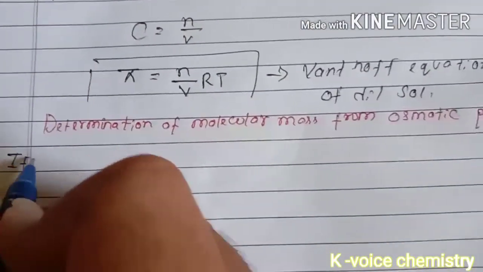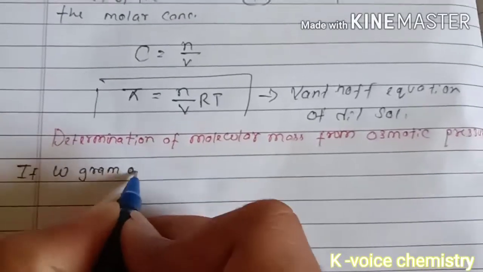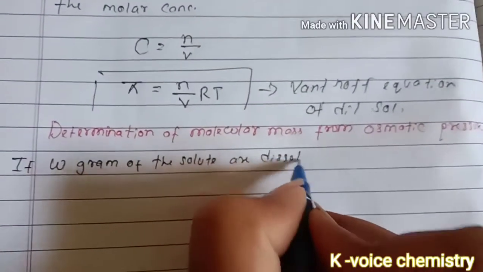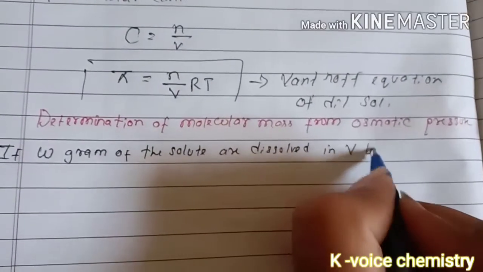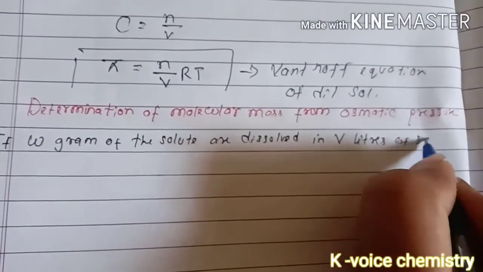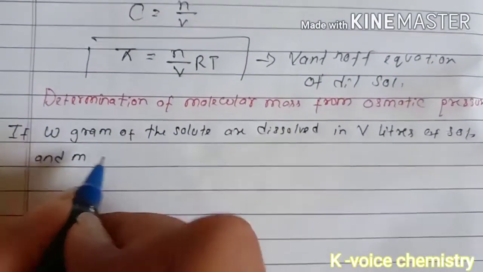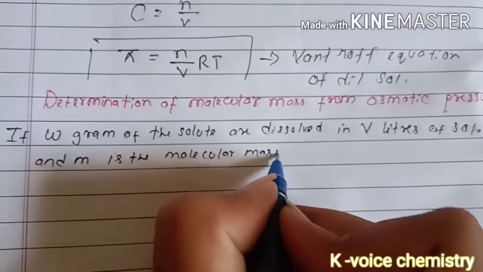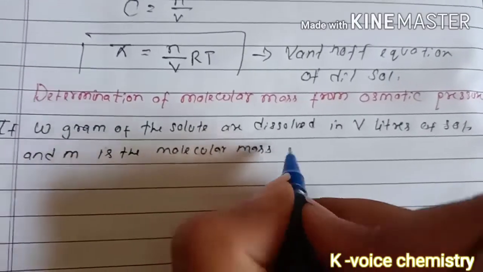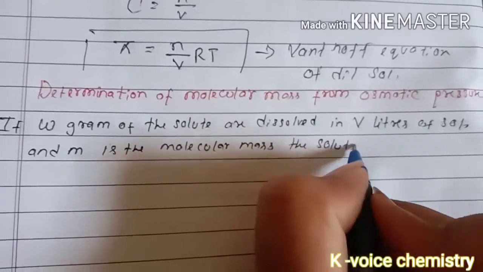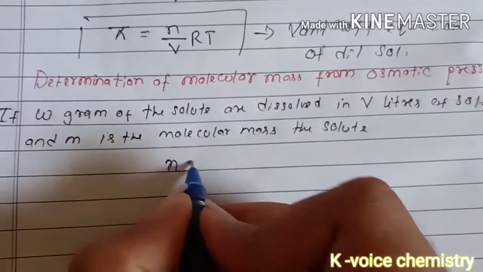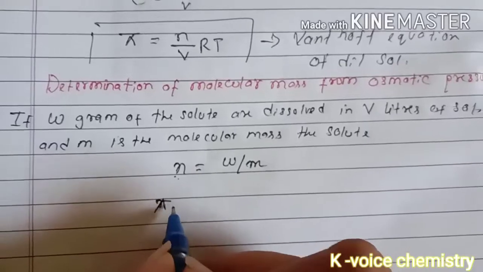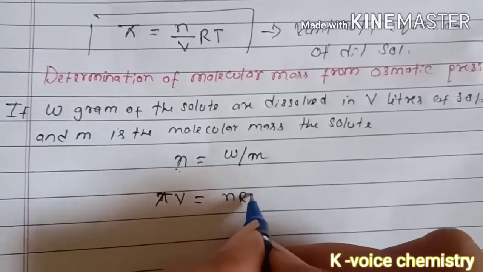So for that, if W grams of the solute are dissolved in V liters of solution and M is the molecular mass of the solute, then the value of n will be W by M. Okay, pi V equals nRT. I hope that you are getting this.